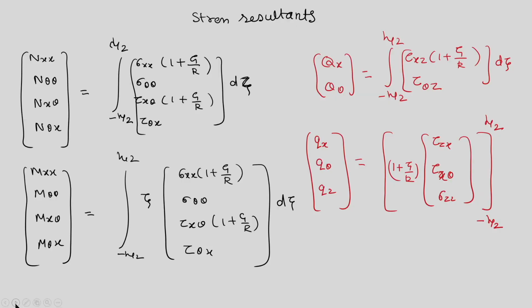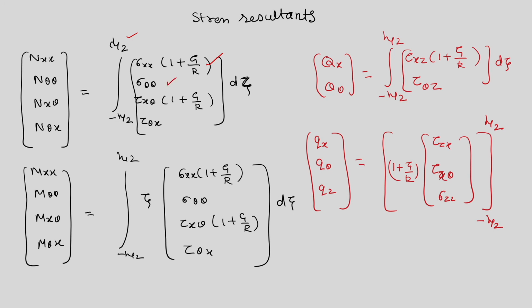Now, let us define the stress resultants. Nxx is sigma xx into 1 plus zeta by R2, where R2 is R. If you talk about N theta theta, it will be the integral from minus h by 2 to plus h by 2 of sigma theta theta into 1 plus zeta by R1, where R1 is infinity, so it will not have those terms.